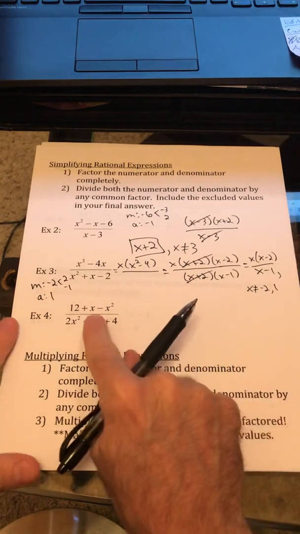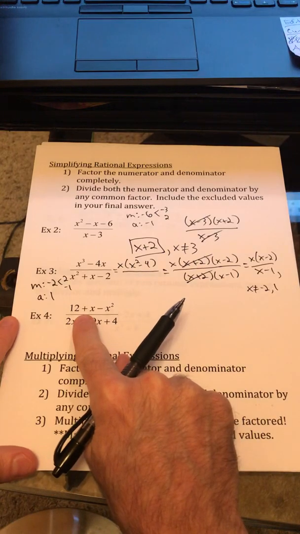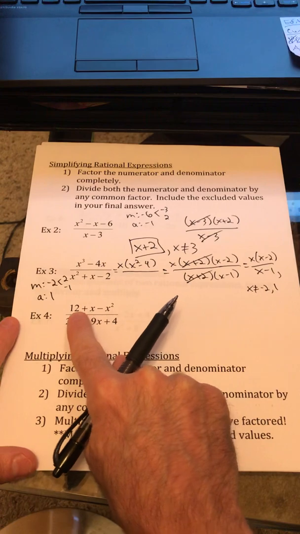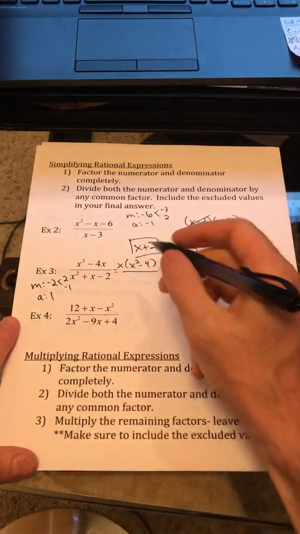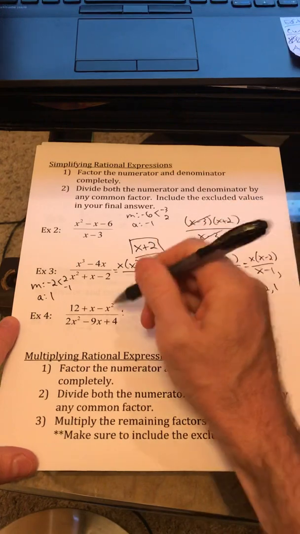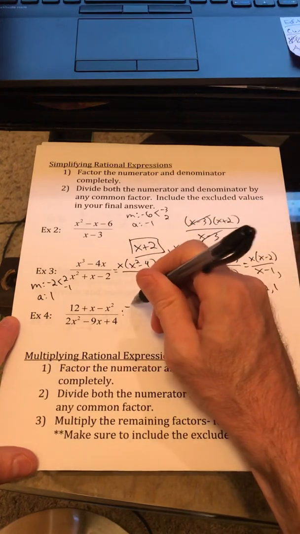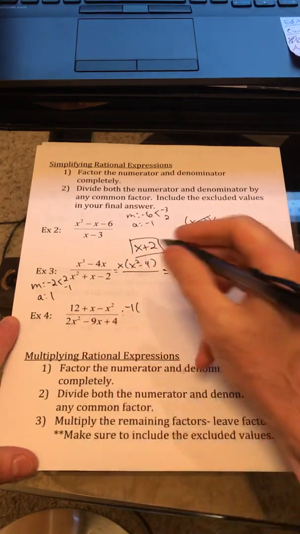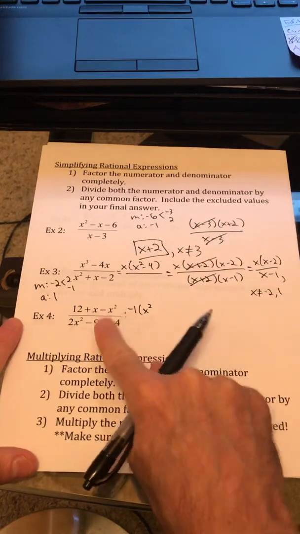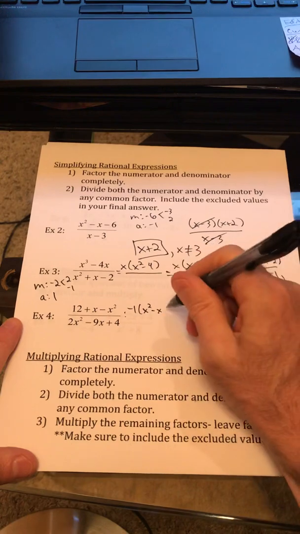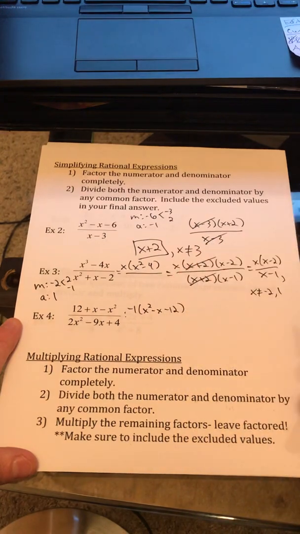So, for example 4, I'm going to actually do two different things here. I am going to not only rewrite this in standard form, I also think it's going to be easier if we factor a -1 out of the numerator. So that'll make the x squared positive, -x, -12.